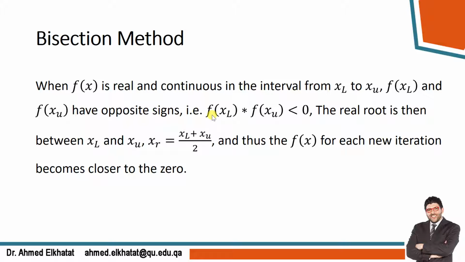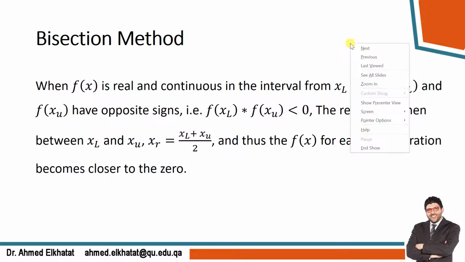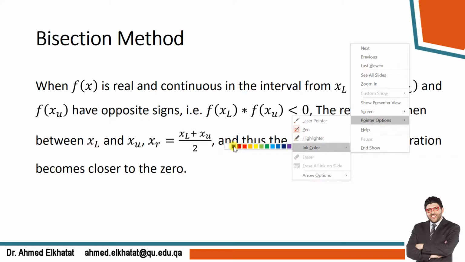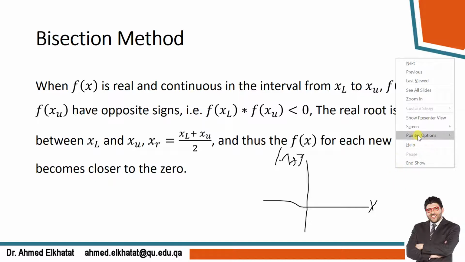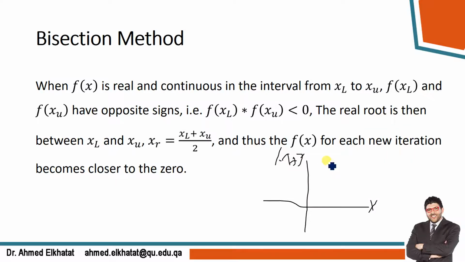Let's try this one. If you have x and y, or f of x, and you have this function, now we said you should have two guesses bracketing the function.